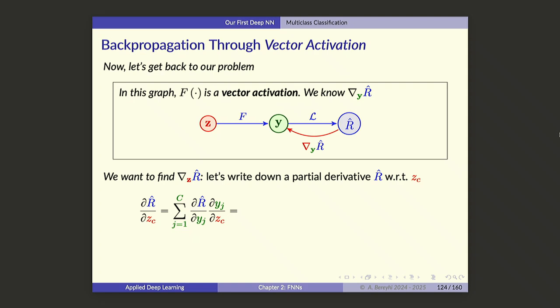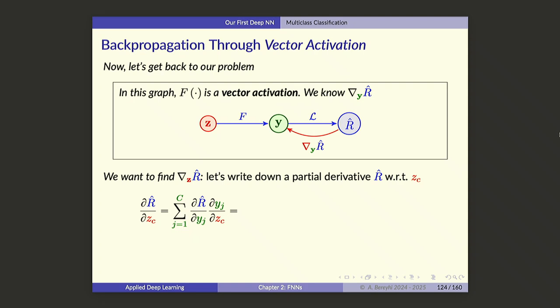Now, if I want to do it, I would write it down by chain rule to be the partial derivative of r hat, say with respect to the first, y1. Then what should I do? I should multiply it by what? Exactly. So partial derivative of r hat with respect to z1 is going to be the partial derivative of r hat with respect to y1 times the partial derivative of y1 with respect to z1, right?